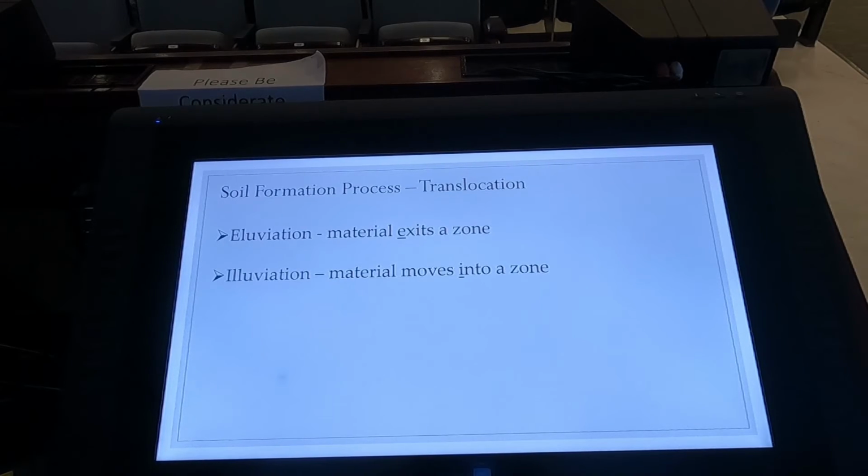We have illuviation, I, where material moves into a zone. And so these two processes are related, correct? Because we have one leaving and one entering. So from a zone of eluviation, more likely from above, and then illuviation moving into a zone below.